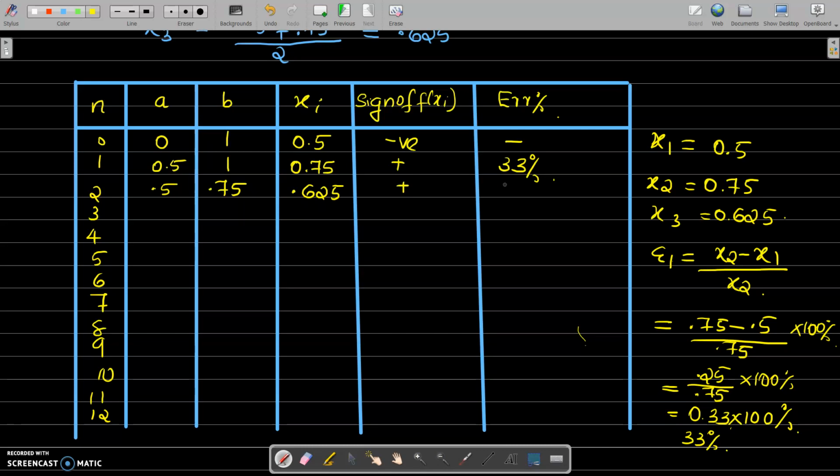Similarly, we have to calculate each error, and this error will be 20%.